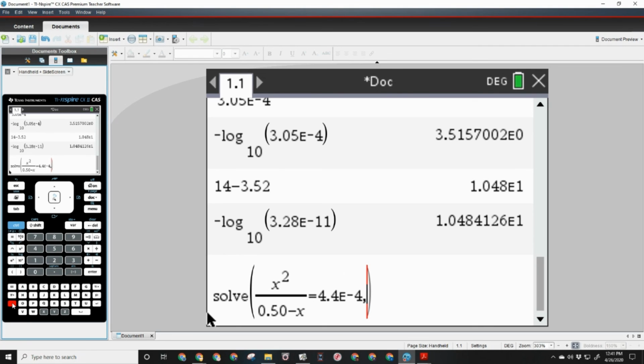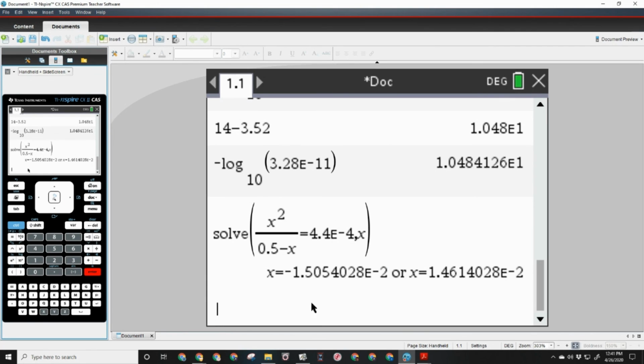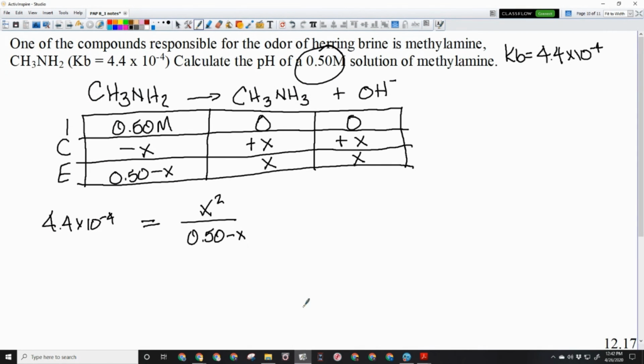Solve for, comma, x. If I did this right, I should get 1.46 times 10 to the negative 2. Okay, 1.46 times 10 to the negative 2 is x.